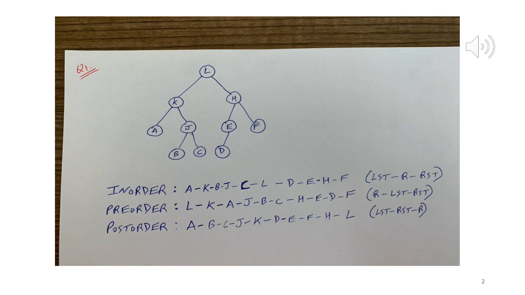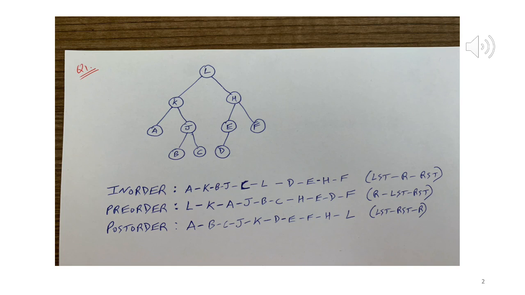Moving down, A is a leaf node, which means it has no child nodes. Going to the right, J has 2 child nodes. Left child is called B, and right child is called C. Okay. Moving on to the right, node E has only 1 child, which is the left child, and the left child for E is D. So E has no right child.